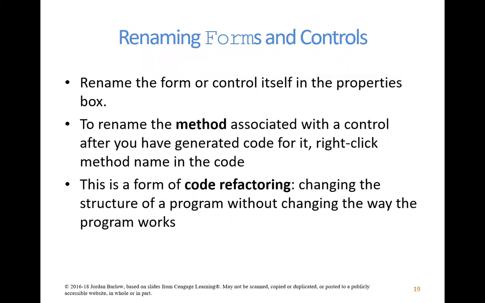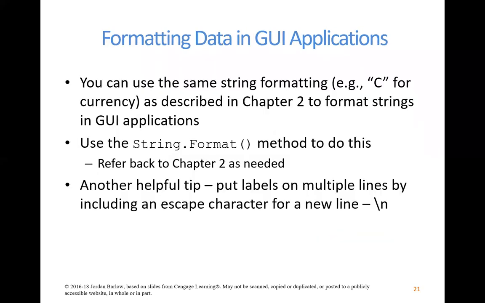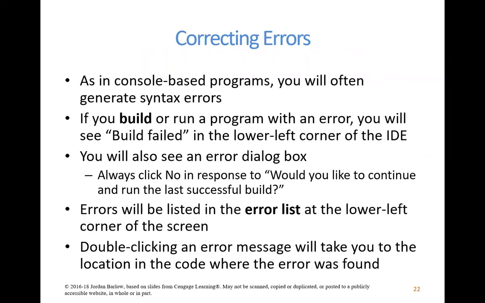Okay, so I have some reminders in the slides if you want to download the slides. And then just some other hints and tips for you to refer to. Correcting errors, I'm sure you'll see this as we go along and I show you some examples.